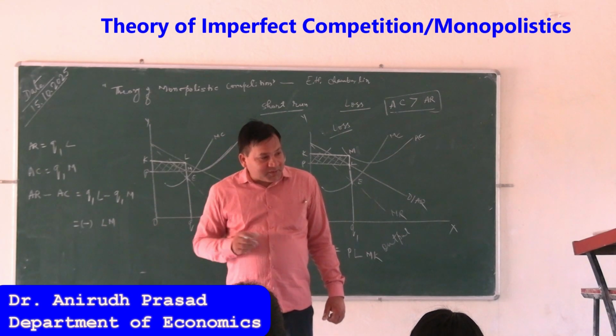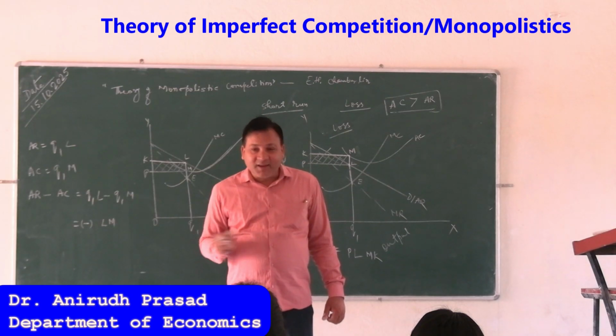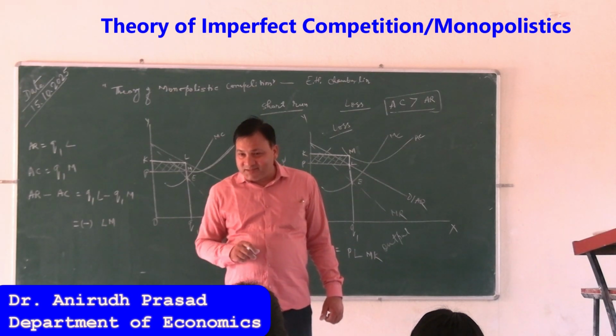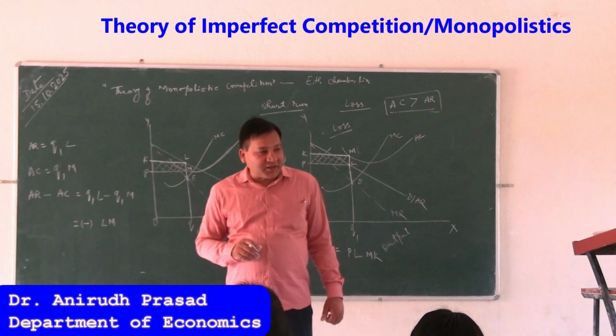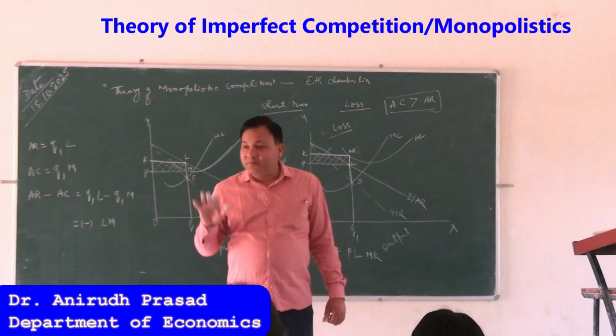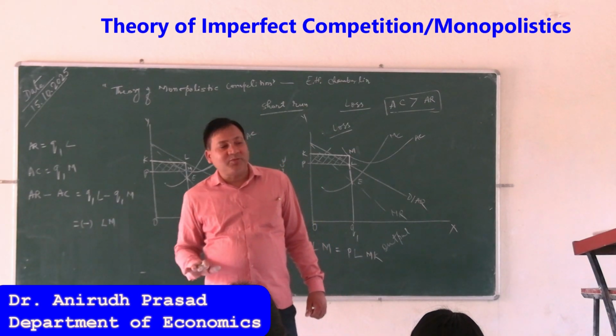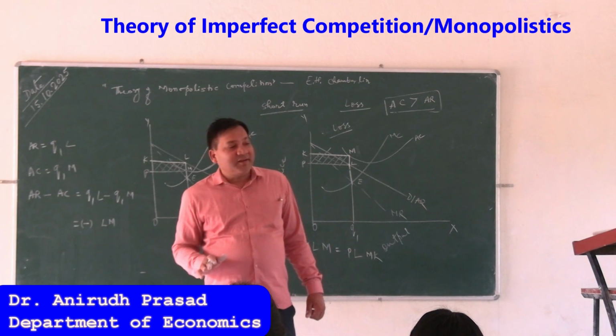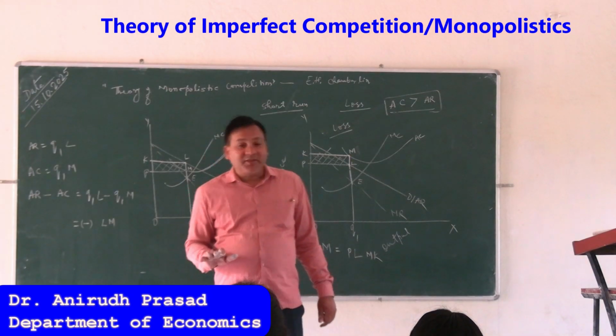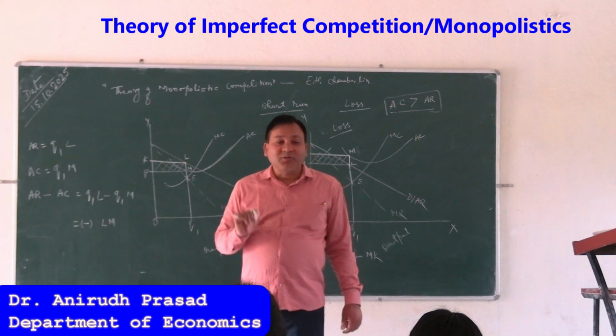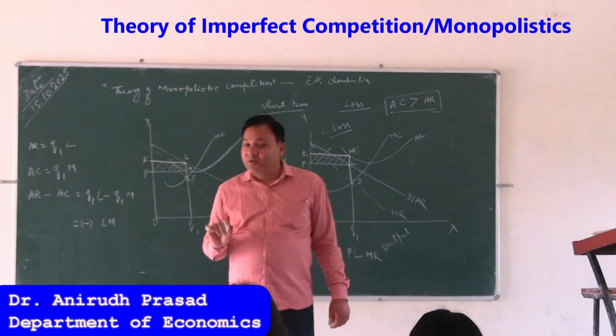Then there will be more supply, and demand faced by the consumers will not increase, and supply will increase. Then price will go down until it reaches the average cost.